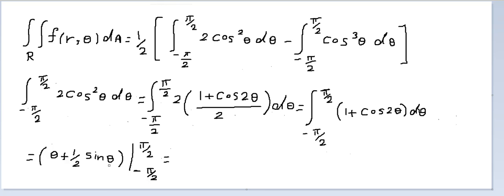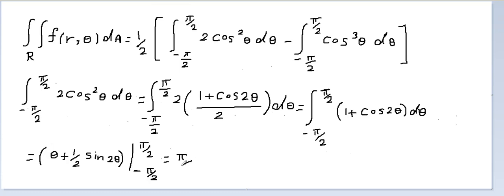Actually, I made a mistake here. This one must be 2 theta, please correct this. So theta plus 1/2 sine 2 theta. Now this is easy to calculate, so I give you the answer quickly.